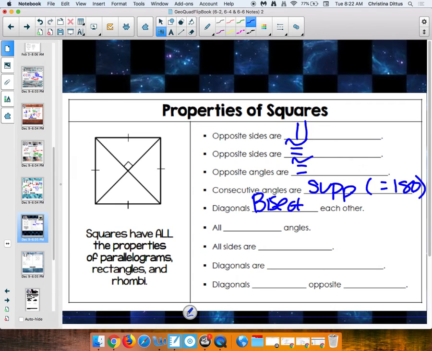Tell me, what do you know about square angles? They're all 90. All sides are the same.